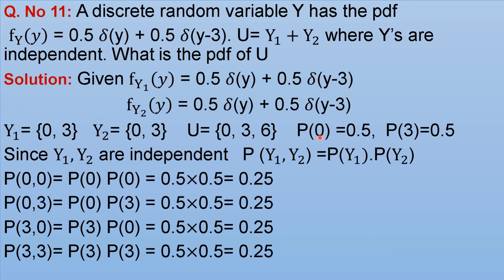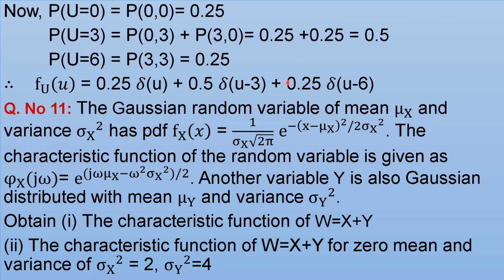Now we'll calculate each of the probabilities of u values. Probability that u will be 0: u equal to 0 is possible only when y1 and y2 both are zeros. So this probability P of u comma 0 is the same as P of 0 comma 0, which is already calculated, 0.25.